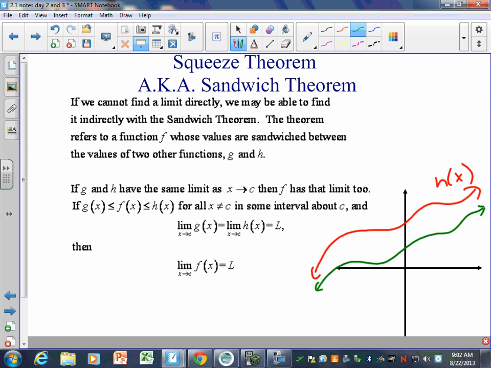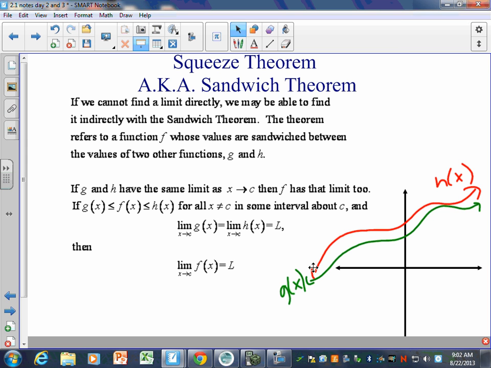Okay, I should make that better. That's G of X. And then F of X is going to be sandwiched in between there. And notice I made these pretty close together because I'm going to try to make F of X go right in between there.